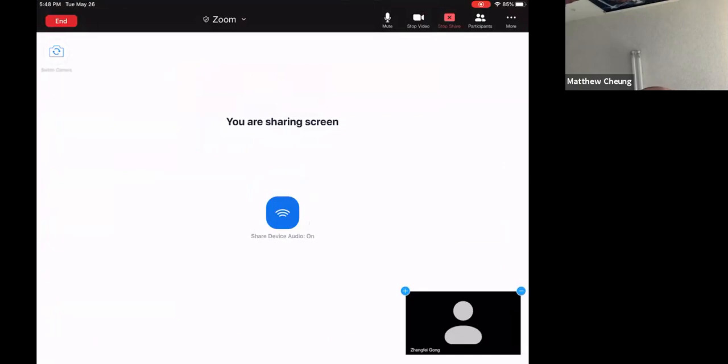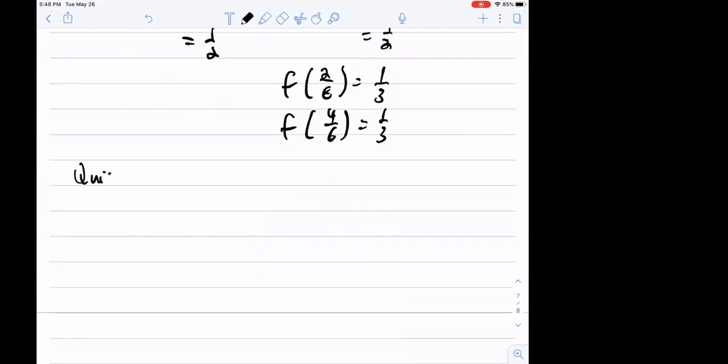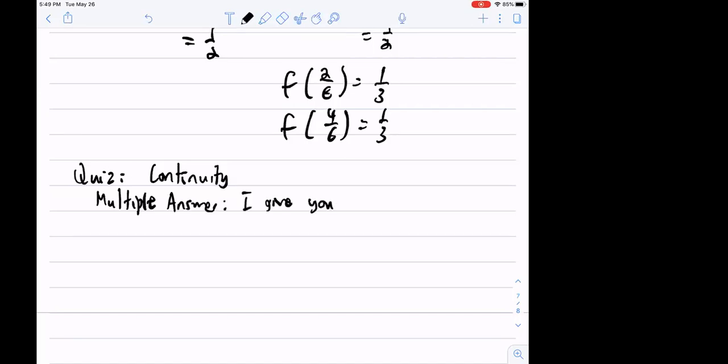Again, your quiz is on continuity. I'll tell you now that the multiple answer one is just me giving you a bunch of functions, and you determine which ones are continuous.